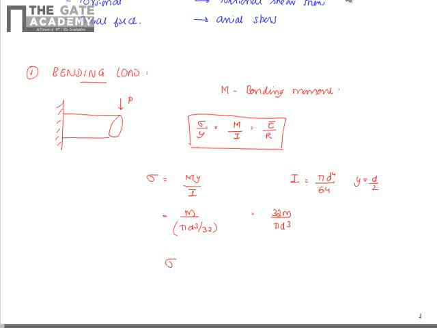I will write sigma bending is equal to 32 M by pi d cube. This is the bending stress coming in the shaft due to the load P. In this case, the maximum stress will be coming at the support section, where the bending moment will be maximum, which is given by P into L, and d is the diameter of the shaft.